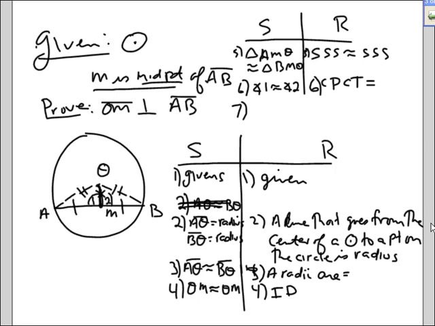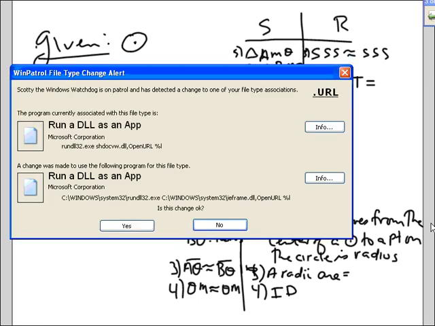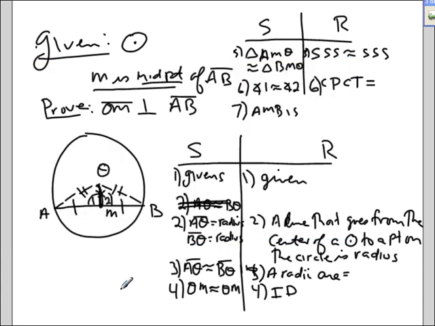Number 7. AMB is a straight line. Remember, AMB is just AB. AMB is a straight line.